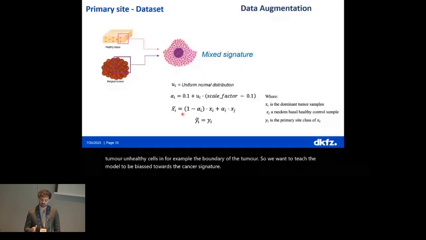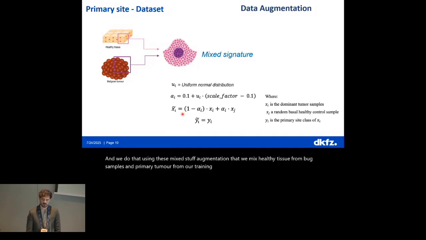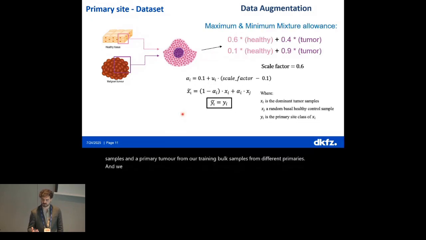And we do that using this mixup augmentation, where we mix healthy tissue from bulk samples and primary tumor from our training bulk samples from different primaries. And we call it dominant because no matter the composition, we retain the primary from the tumor. We have a minimum of 40% composition of tumor per sample.